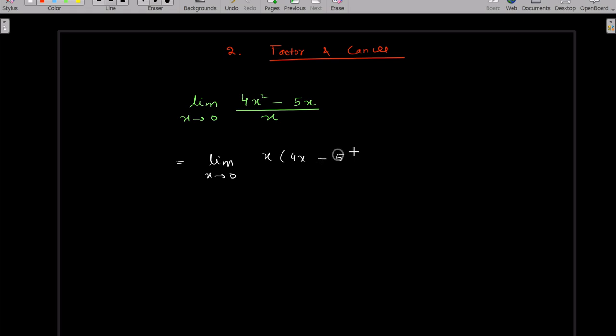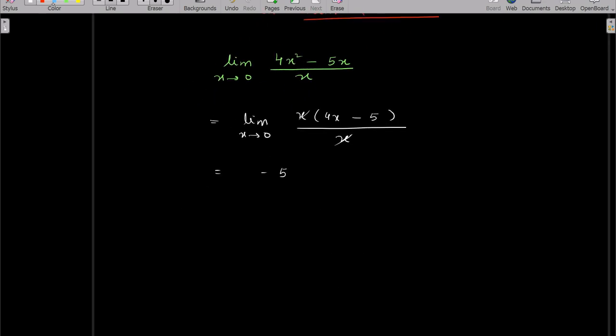And then -5? Okay. So x and x will cancel out. Now if we directly put x is equal to 0, we'll get the limit as -5. Okay.